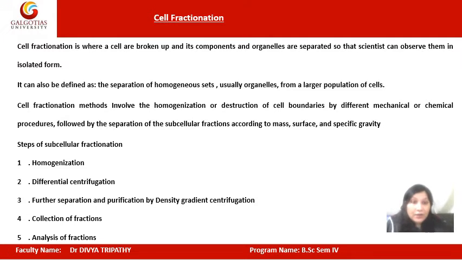The cell fractionation method involves the homogenization or destruction of cell boundaries by different mechanical or chemical procedures, which is followed by the separation of subcellular fractions on the basis of their different masses, different surfaces, and different specific gravity. The steps of subcellular fractionation involve homogenization, differential centrifugation, further separation and purification using density gradient centrifugation, collection of fractions, and the analysis of fractions.